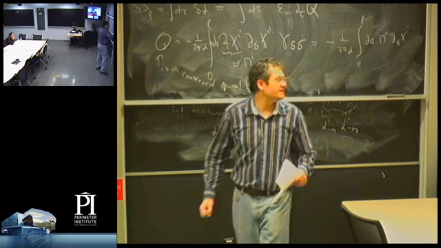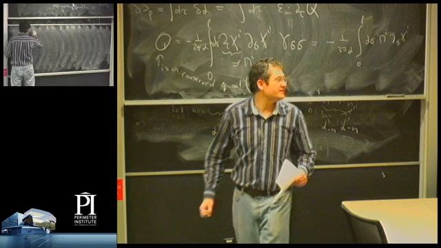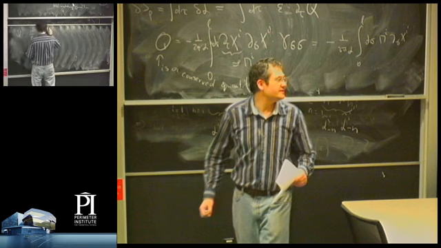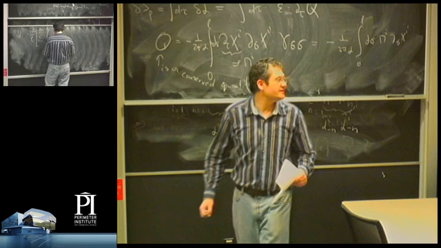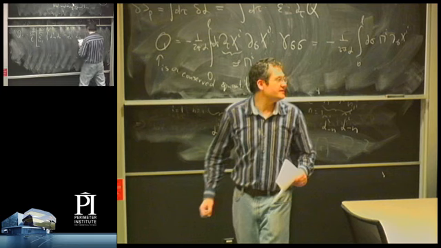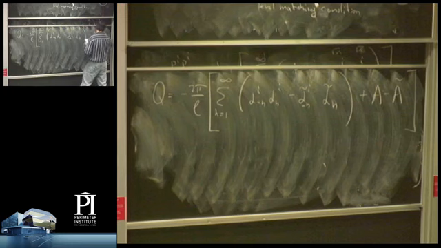We find Q equals minus 2 pi divided by L. Here I have a summation n equals 1 to infinity. Okay, so there is this very nice expression.